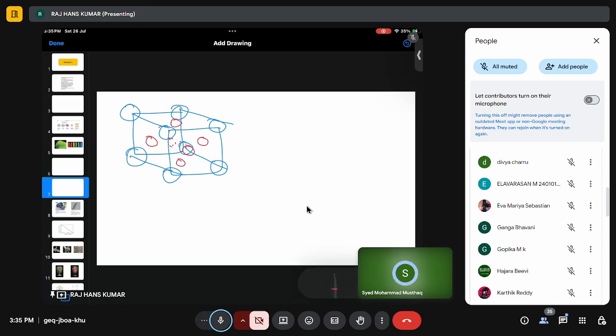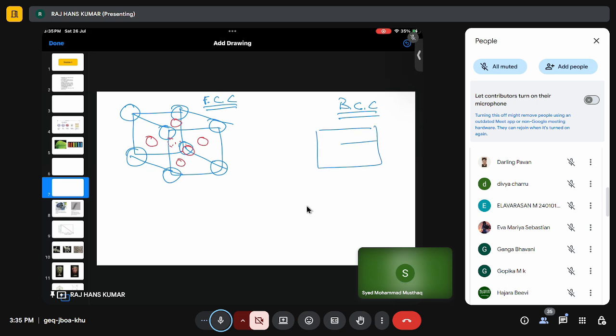This is face centered cubic, because atoms are sitting at face centers. The next one you have is the BCC, which we call body centered cubic. The name itself suggests it's simple.